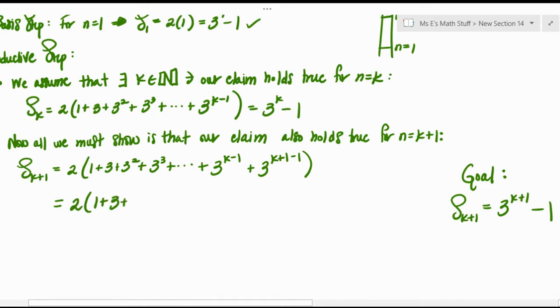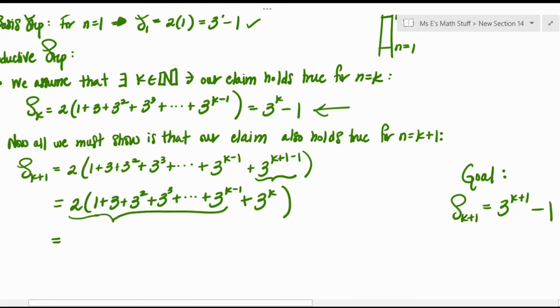So what I'm going to do first is really simply copy everything exactly the way it is. And then I just wanted to clean that up. So that's just 3 to the k, right? Okay. The next step would be we need to use our claim up here.